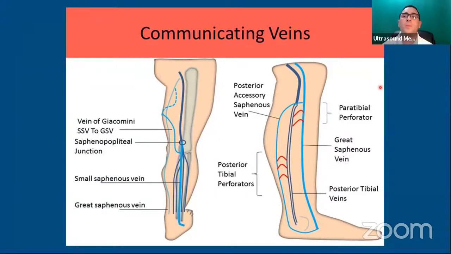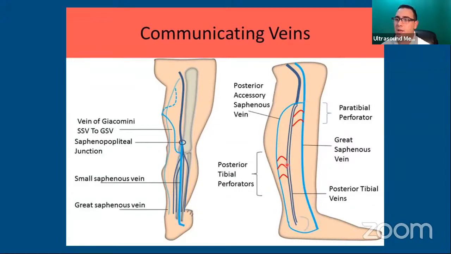They belong to the superficial system as well. So let's say, for example, we have this one. We call this one the posterior arch or posterior accessory saphenous vein, this one right here. It belongs to the superficial system, like I said before. So it connects the same great saphenous vein at two points, distal and proximal.